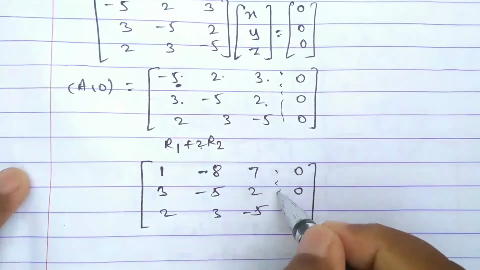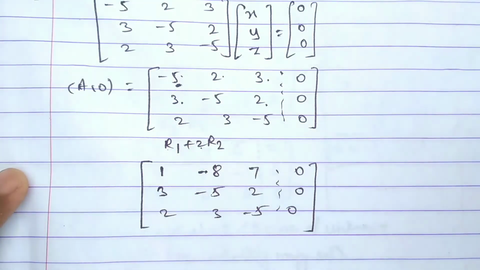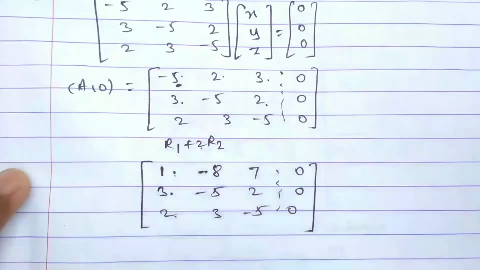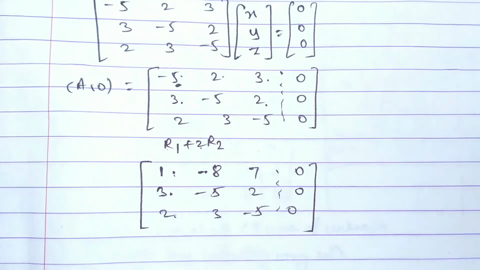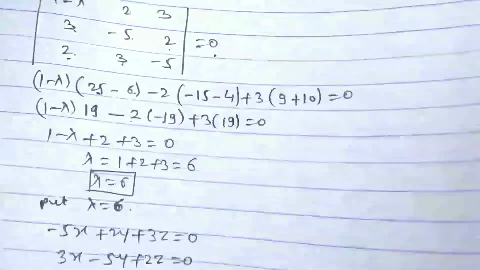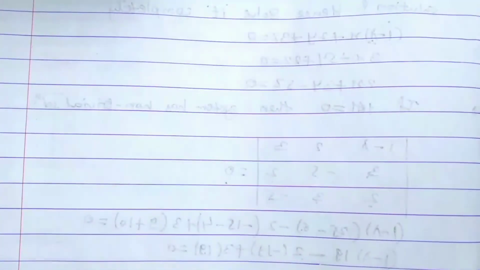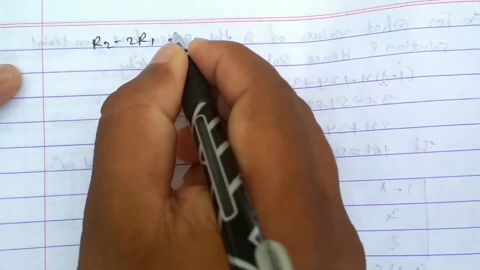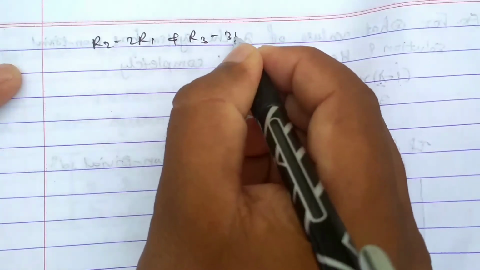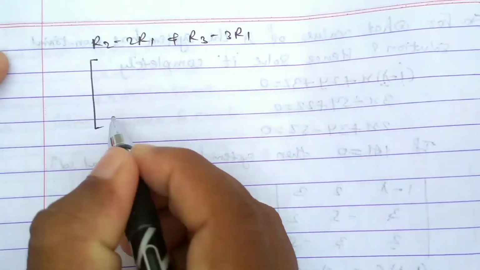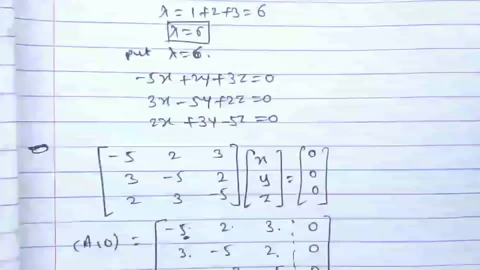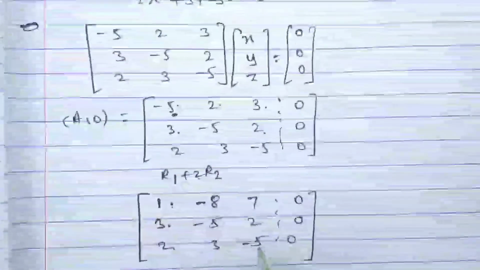Now what is our next transformation? The next transformation is R2 minus 3 times R1 and R3 minus 2 times R1. After using this transformation, see what happens. You will get the matrix with the first row as it is, that is 1, minus 8, 7, 0.